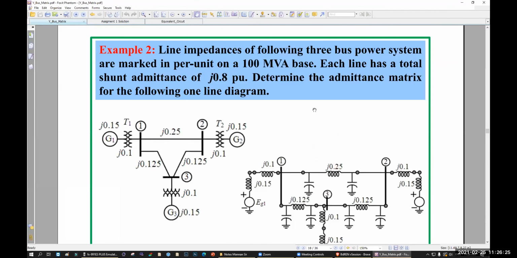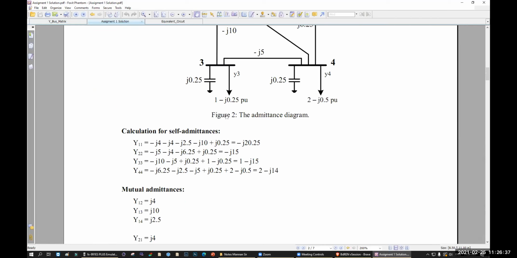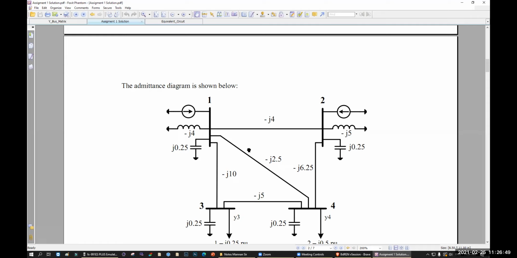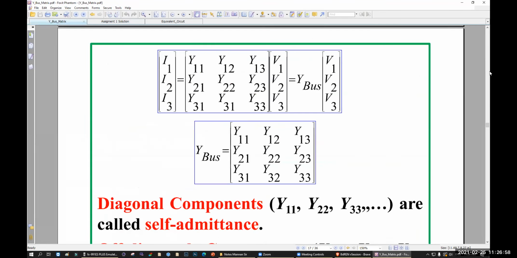Sir, question. Sure. Sir, how about if it becomes a T model? Oh, T model. In this example there is no pi model, T model, or shunt admittance that was given. I told you before, if the shunt admittance for the line is not given, you do not have to think about that. In this case, there was no shunt admittance given, but here we had something called shunt admittance.